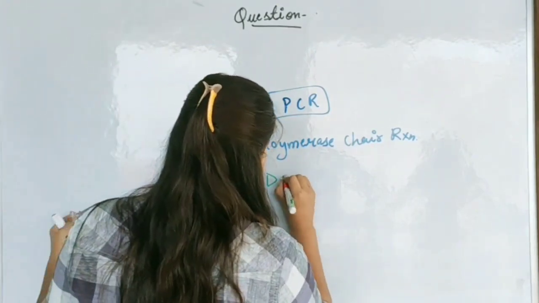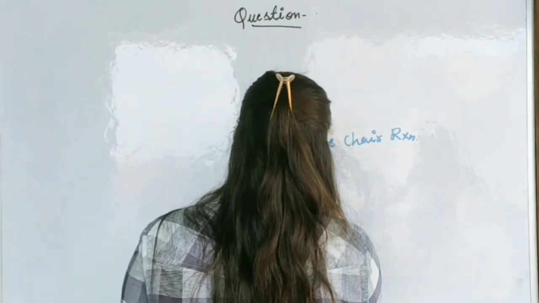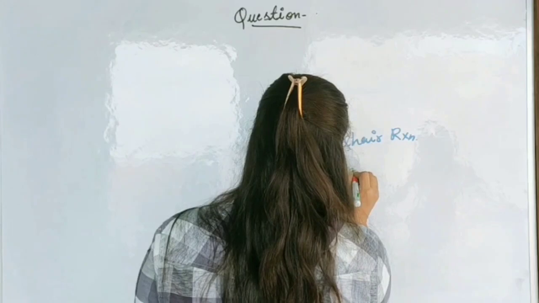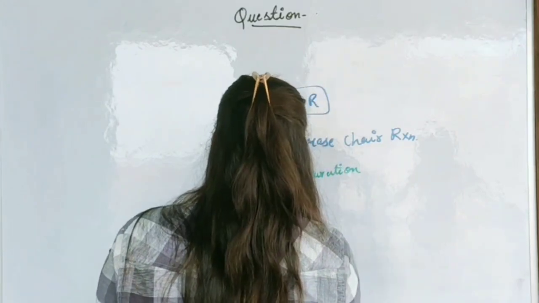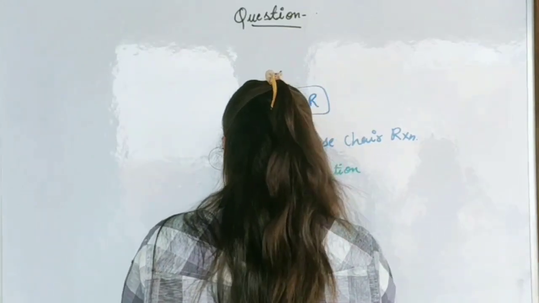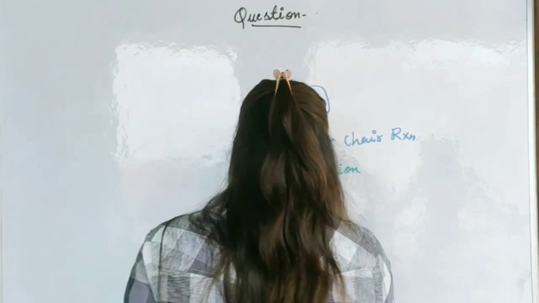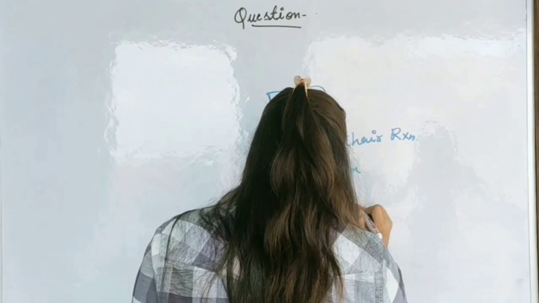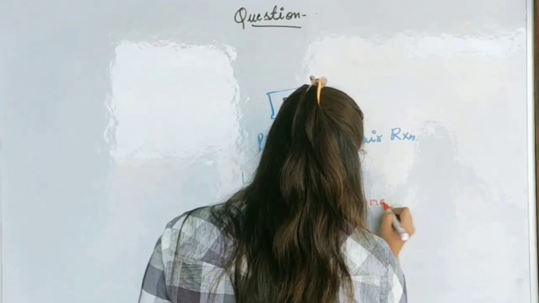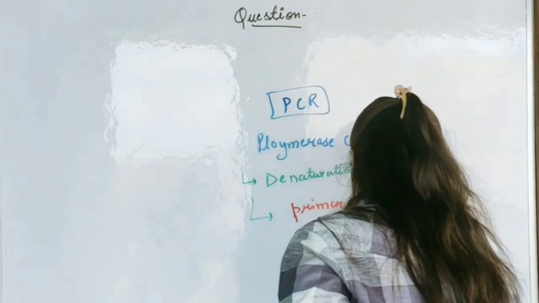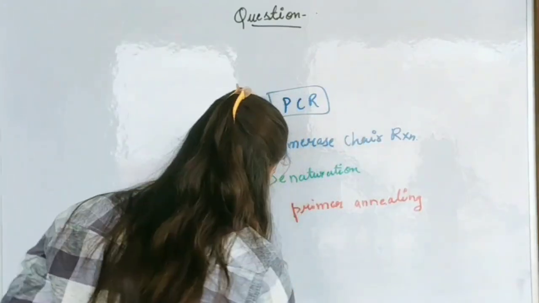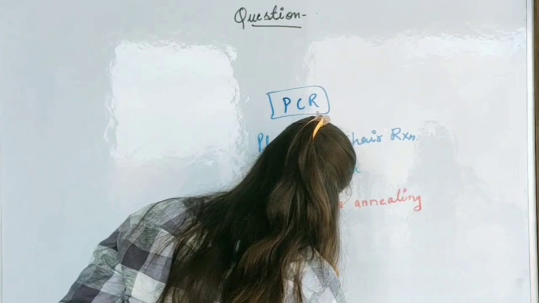First is going to be denaturation, followed by primer annealing, and after that elongation.